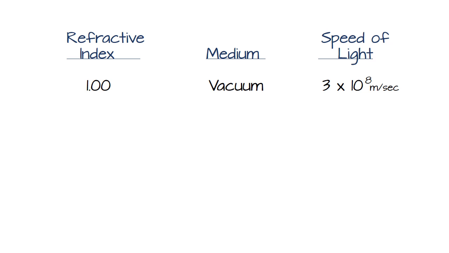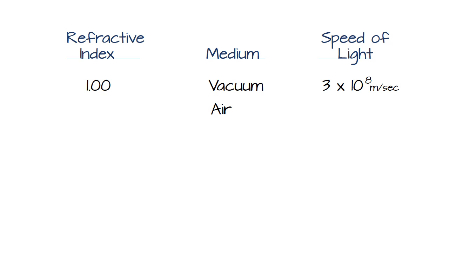And that speed is approximately 3 times 10 to the 8th meters per second, or 3 times 10 to the 10th centimeters per second, or 186,000 miles per second, approximately. Those are approximations. And the next material is air. Now, with a vacuum, there is no substance in a vacuum, so there's nothing to slow the light down.